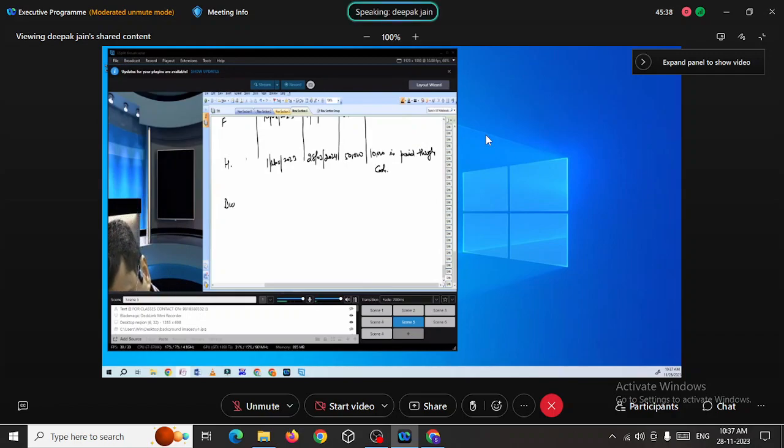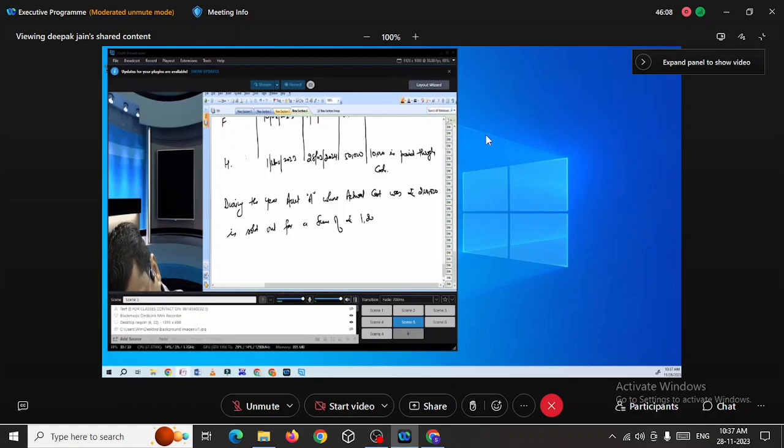During the year, asset A, whose actual cost was rupee 2 lakh, is sold out for a sum of rupee 1,20,000.